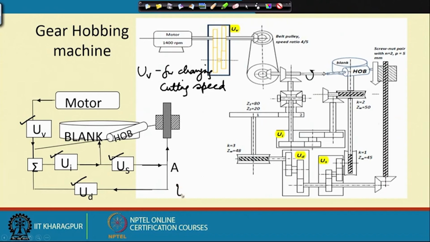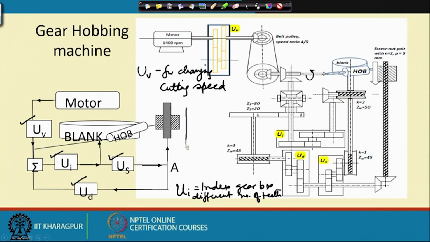What is UI? UI is the index gearbox, okay, index gearbox for changing number of teeth. If you want to cut a different number of teeth, you use this one. What is US?